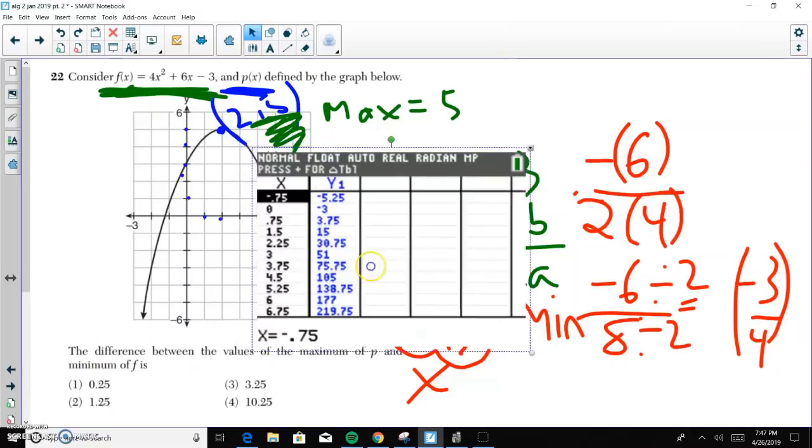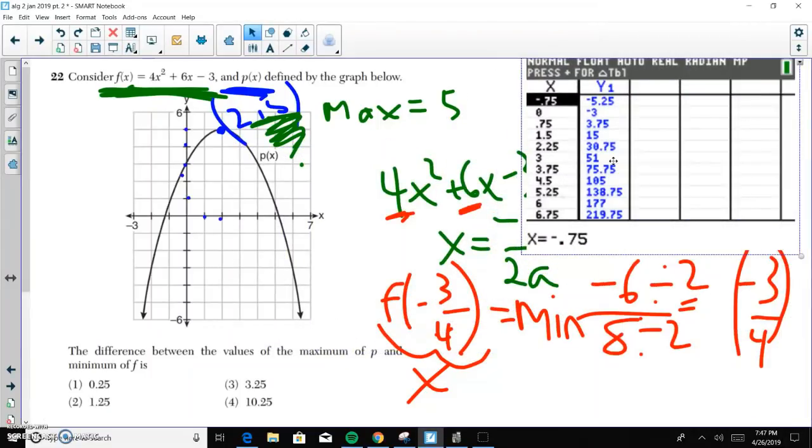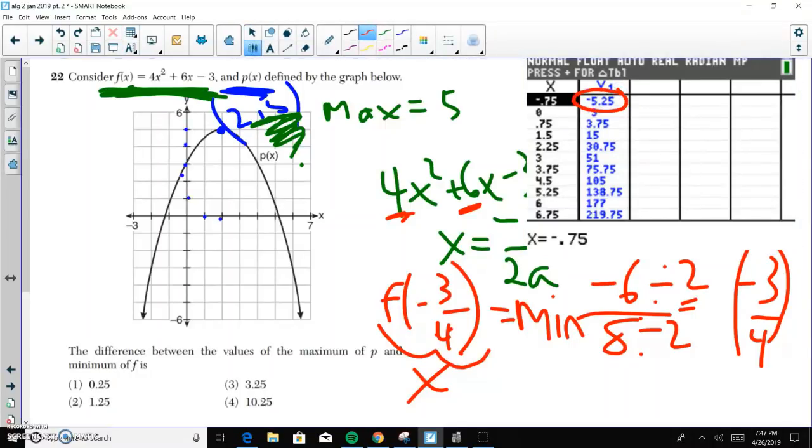And we see that the answer is going to be, not the answer, but the minimum of f of x is negative 5.25.